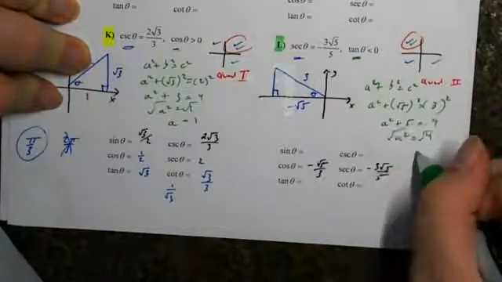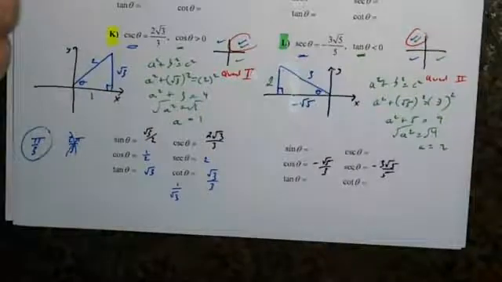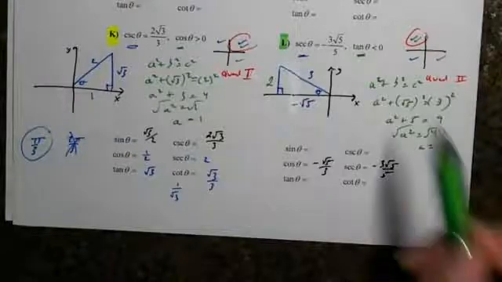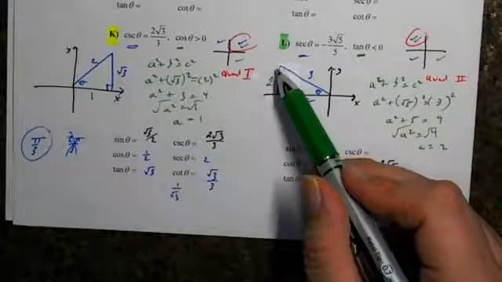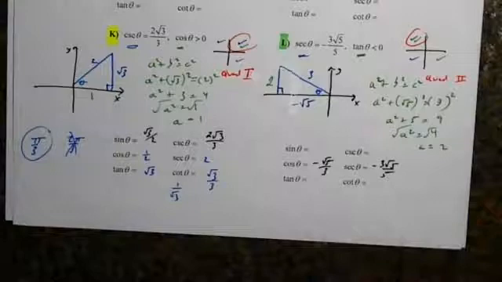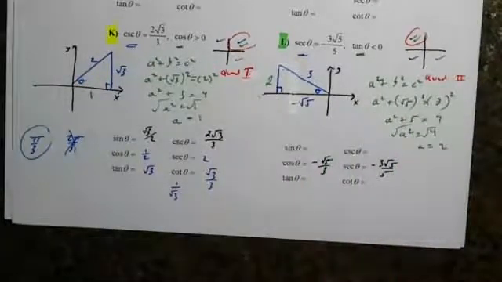And if I take the square root of both sides, a is 2. Okay. And it is in quadrant 2, so this is a positive y value because it goes upwards. All right. Now you're ready to evaluate the remaining 4 trig functions from letter L.